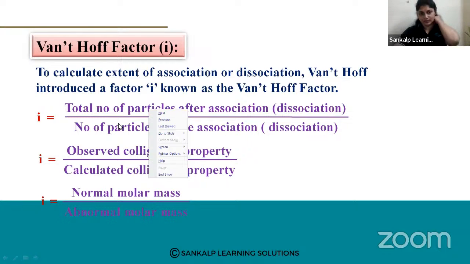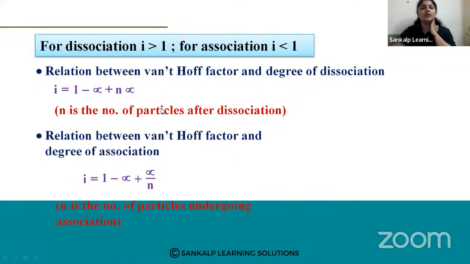For dissociation, the Vant Hoff factor will always be greater than 1, and for association, it will always be less than 1.